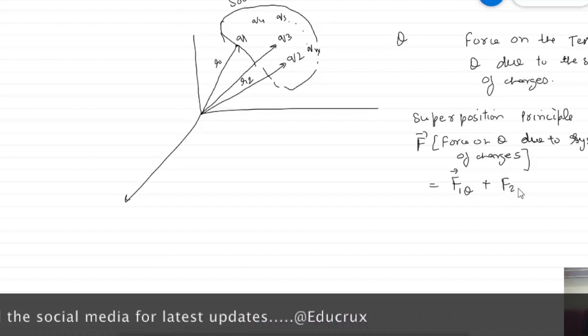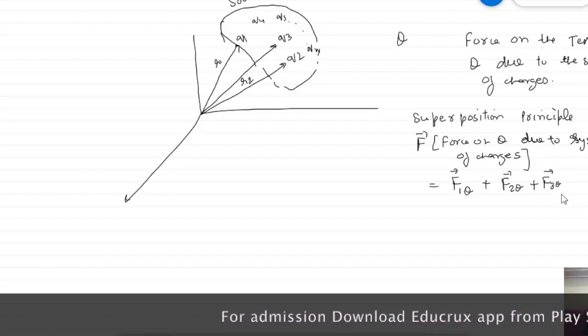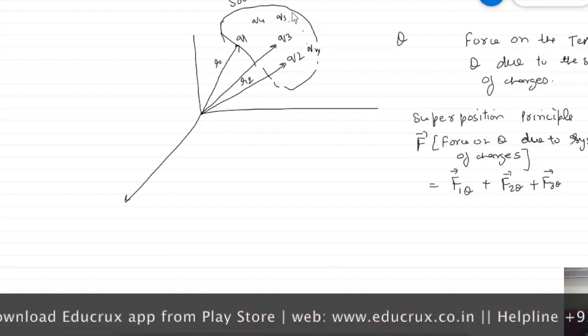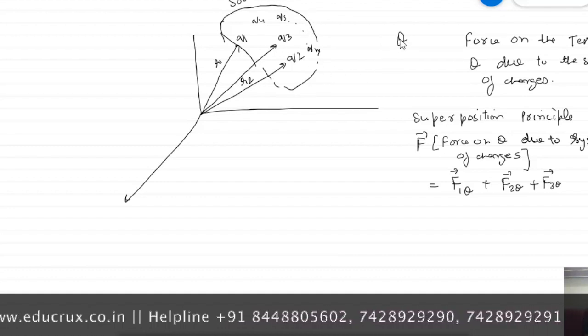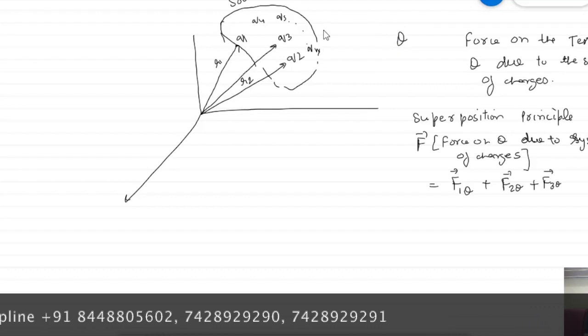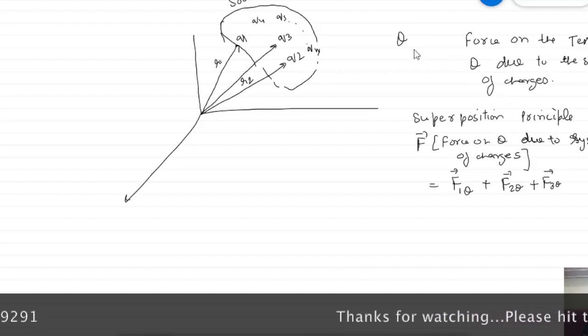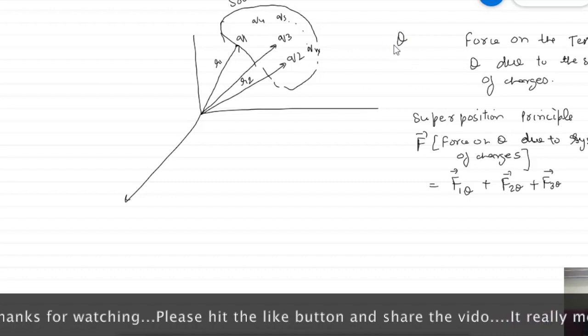Similarly, F2Q is force on the test charge capital Q due to q2. Similarly, F3Q is force on the test charge capital Q due to q3, that is small q3, and all this system of charges are my source charges, and they will influence the capital Q or the test charge, and due to that influence or interaction, the capital Q test charge will move or will be in motion.